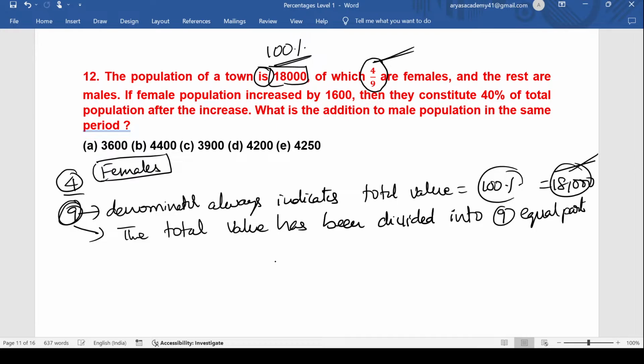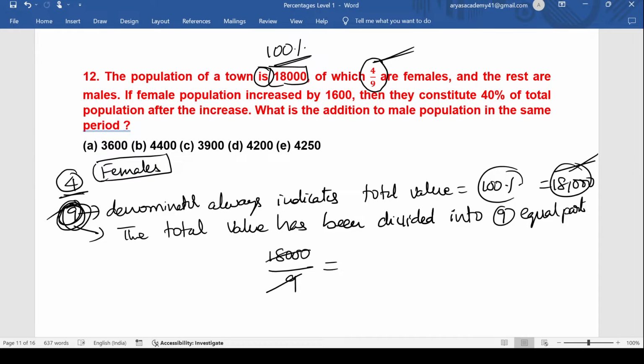Means 18,000 has been divided into 9 equal parts. So, whenever a fraction is given, the denominator indicates the particular value has been divided into that many number of parts. In this particular question, it is given as 4 by 9 are females. It means the total population, which is a combination of both males and females, has been divided into how many equal parts? 9 equal parts.